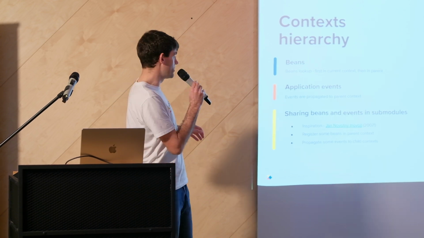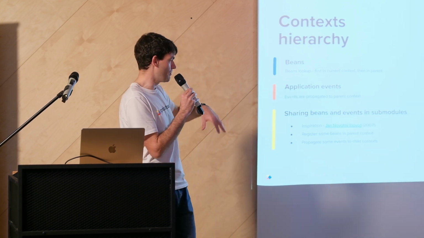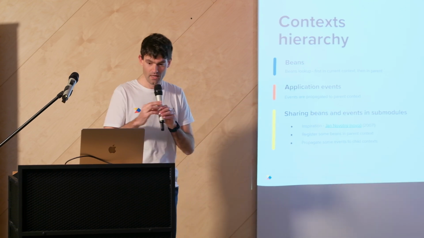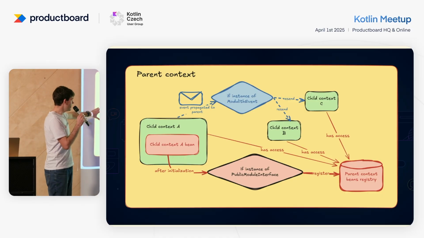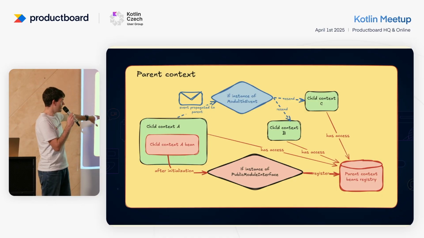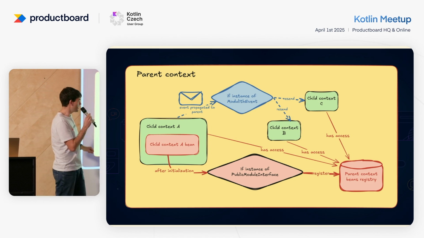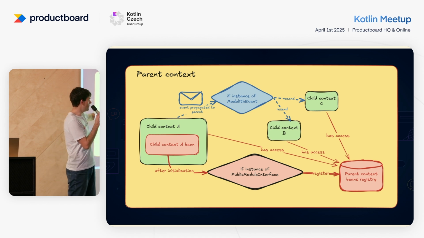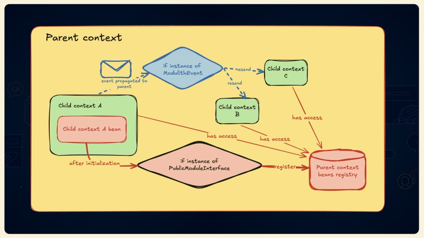Yeah, so the solution is that we want to register some beans in the parent context, and we want to propagate some events to the child context. How it's done is that when we have a child context and we create some instances of the specific implementation, this Modulith event, we resend them, because each event from a child context is propagated to the parent context, but only events of this implementation are propagated to child contexts.